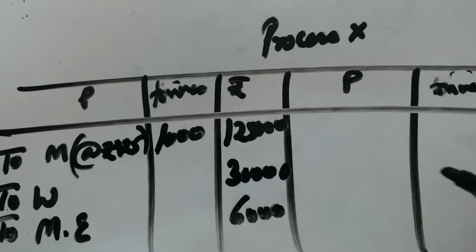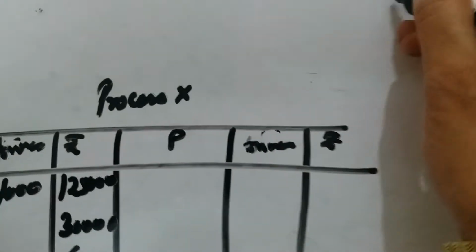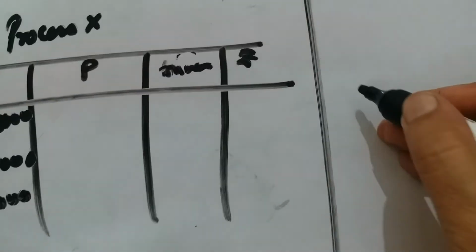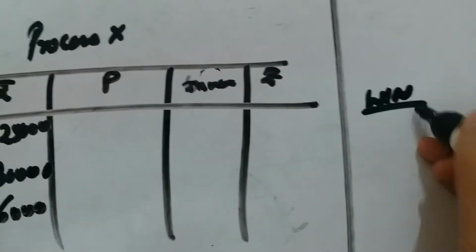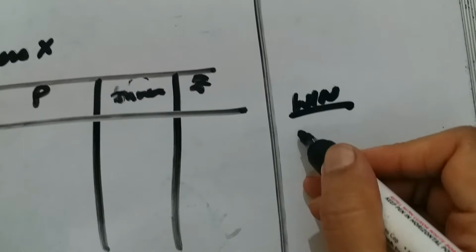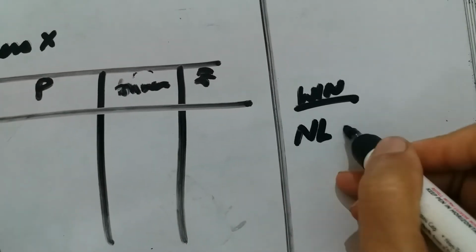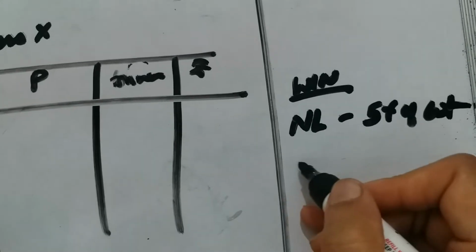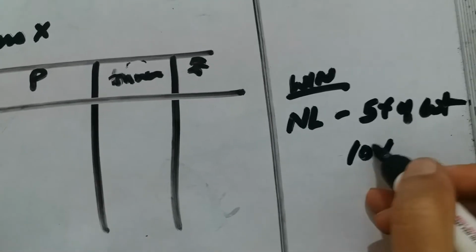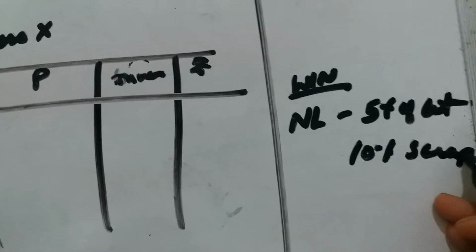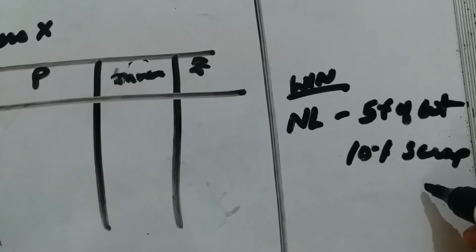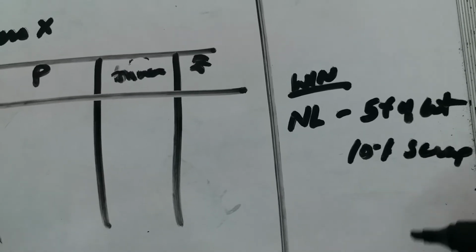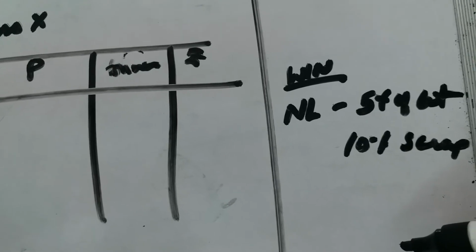Then we have two things. You remember there was one, let me make the working note over here. It was written that there was normal loss that was 5% of weight, and then there was 10% scrap. Now 5% and 10%, what we are going to do, 5%.